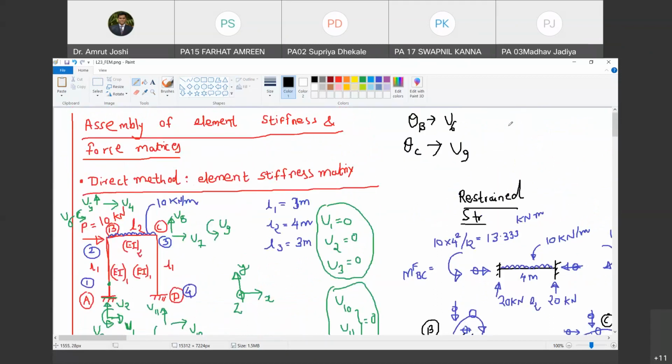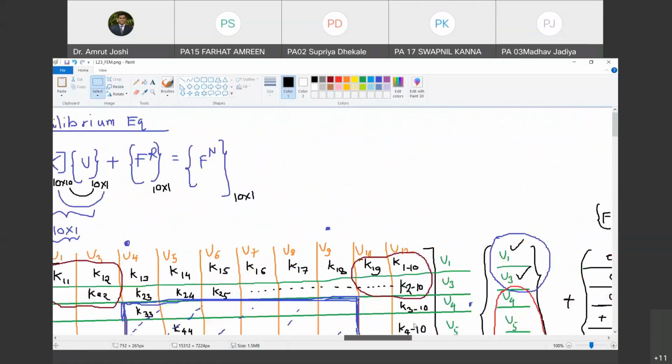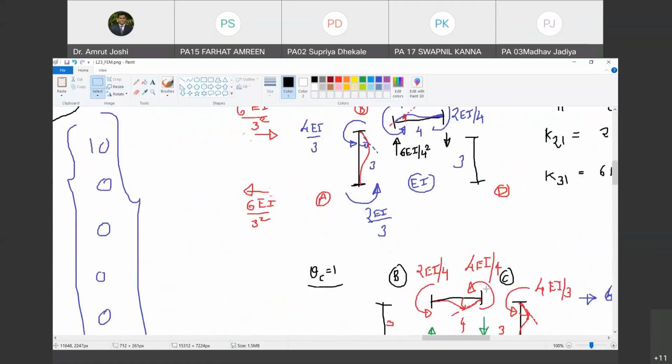What is delta? Delta here is U4 and U7. Do you agree with me? Yes, sir. And we have internally said that U4 has to be equal to U7 in our traditional formulation. Are you with me? Yes, sir. So now let me bring this back there. Let me put it here.